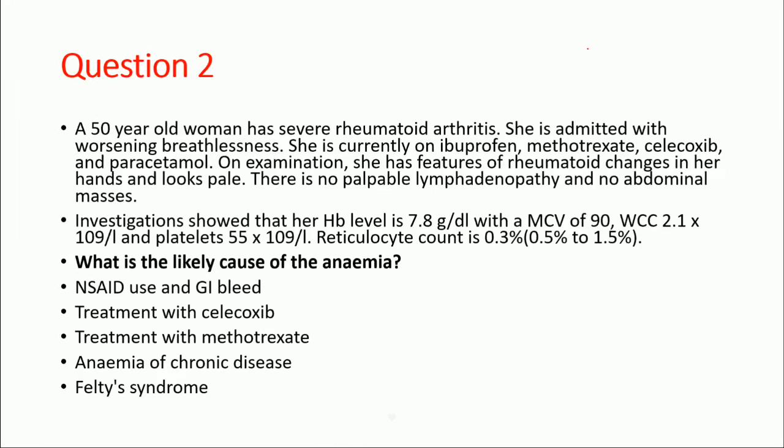What is the most likely cause of this bone marrow production issue causing the pancytopenia? Methotrexate, yes. Methotrexate can cause folate deficiency as we discussed earlier, and that causes a pancytopenia. The red cell production is reduced in the bone marrow, and of course the other cells as well.